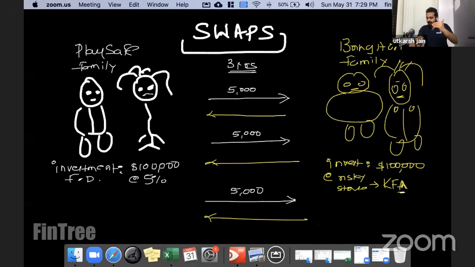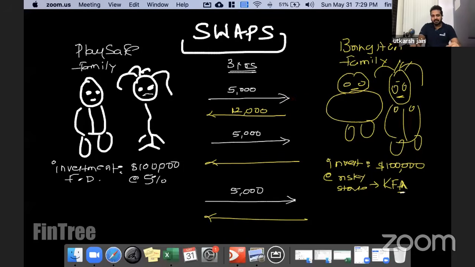Maybe some year the stock will do good, some year it will not. So let's say the first year the stock actually did really good and gave a return of, let's say, 12,000. So then the Bring It On family will have to pay 12,000 rupees here. So what it essentially means is I will pay you 5, you pay me 12.